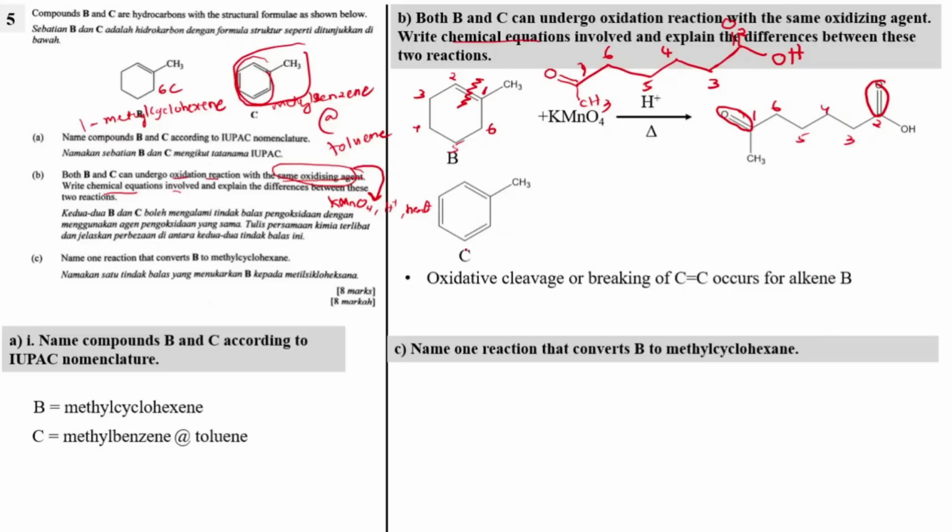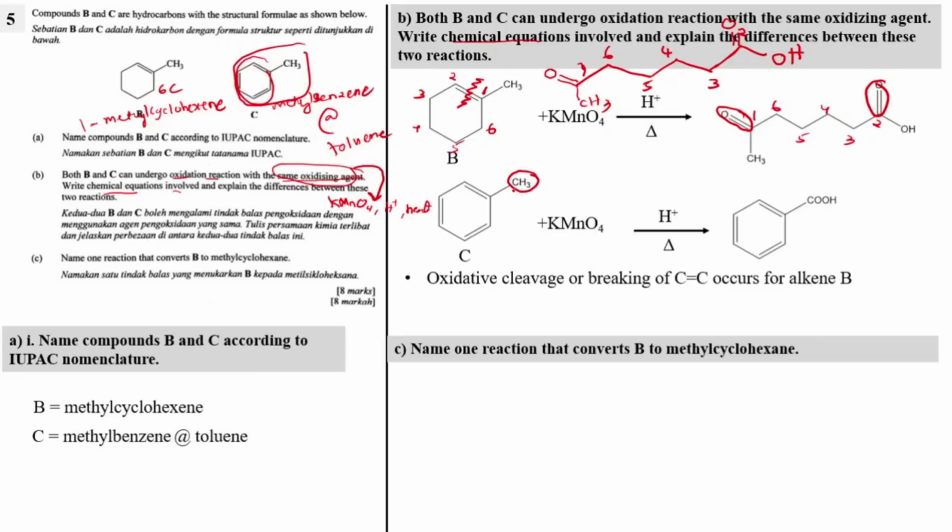Meanwhile, for C, which is the toluene, where it undergoes oxidation using the same oxidizing agent, which is KMnO4, H+ with heat, what we're going to get is the formation of the carboxylic acid, which is benzoic acid. So the CH3 here will be converted into COOH.